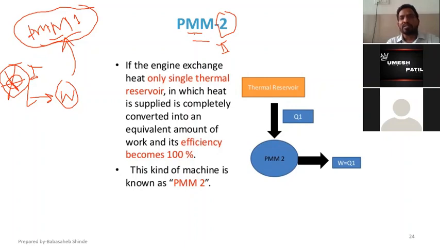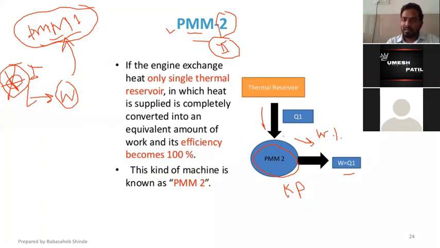Okay. Similarly, PMM2 stands for a perpetual motion machine of second kind, and a device that violates the second law of thermodynamics is called PMM2. This is for the Kelvin-Planck statement. If there is a device that is exchanging heat with a single reservoir and converting all that heat into useful work, then it is said to have 100% efficiency, and such a device is impossible.